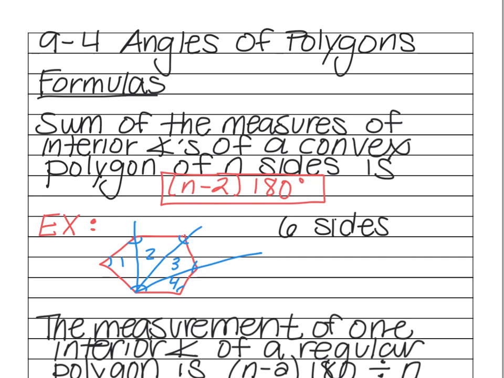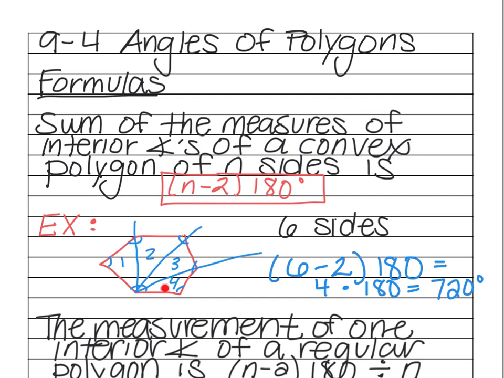So to do a little proving to you on how and why this formula works, the rule is n is the number of sides. So we have 6 sides. We take away 2 and we multiply it by 180. So 6 minus 2, which is 4, times 180 degrees, and we're getting 720 degrees. That's what all of the angle measurements inside this polygon add up to.